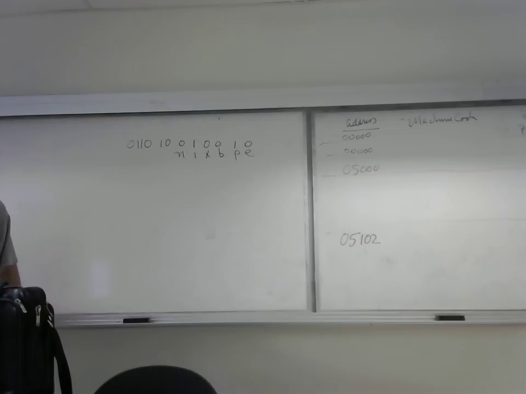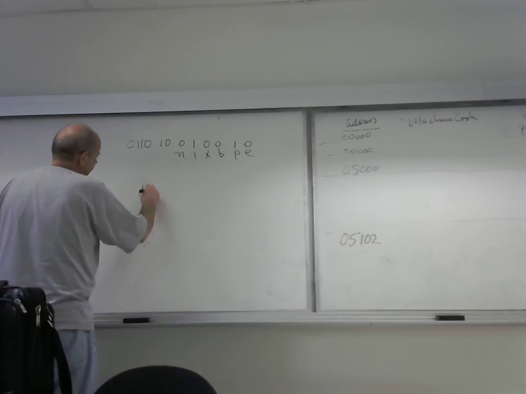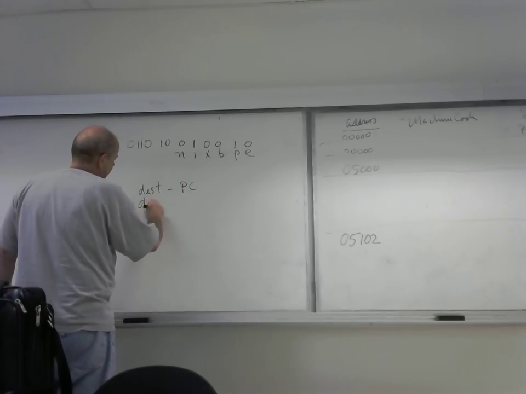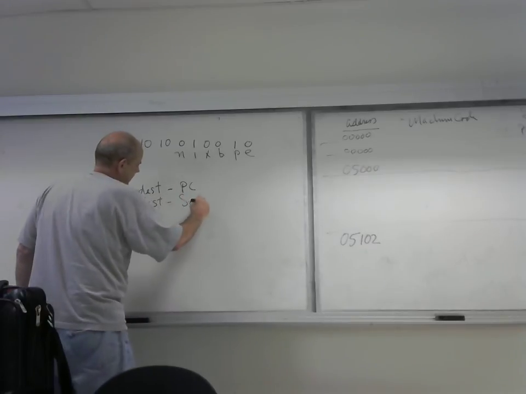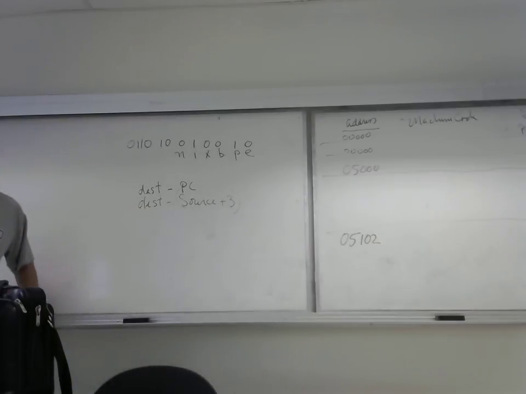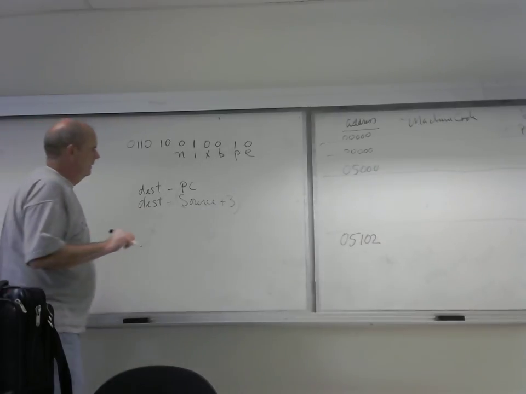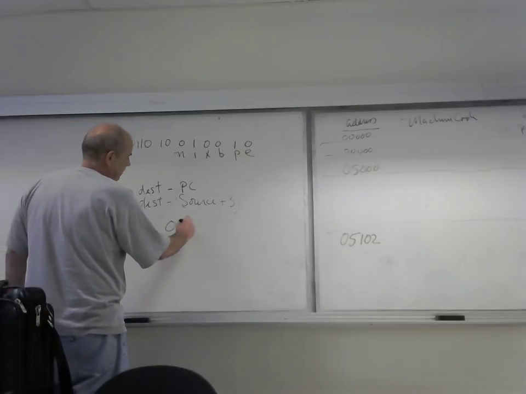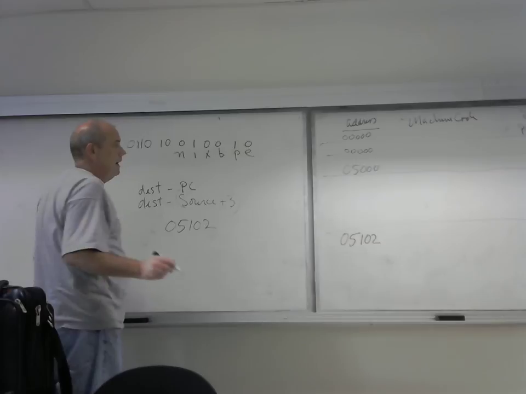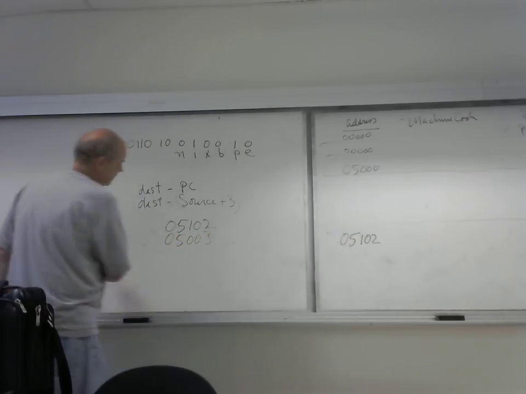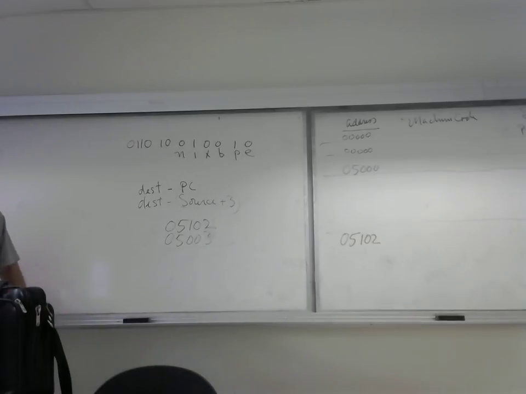Now you need the displacement. So that is the destination minus PC, or destination minus source, plus 3. All right. The destination is beta. That's where we're wanting to go and read something, 102. Minus source plus 3. Now, why plus 3?